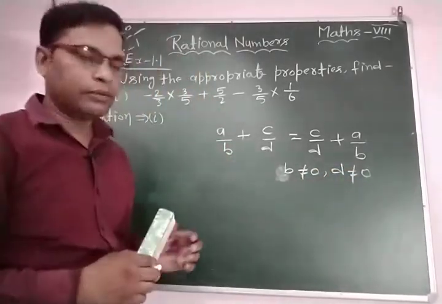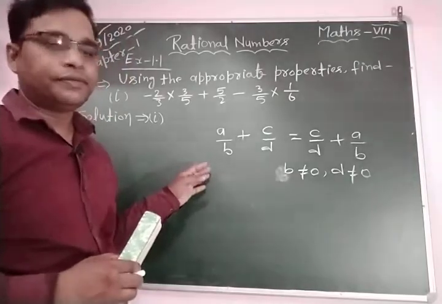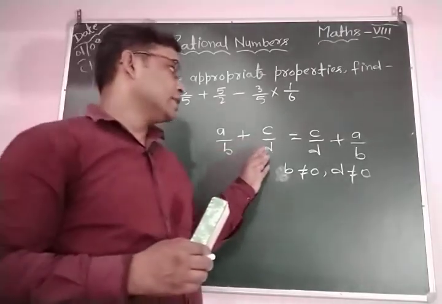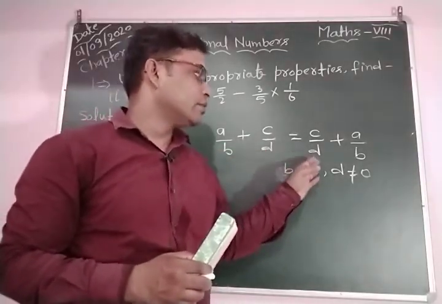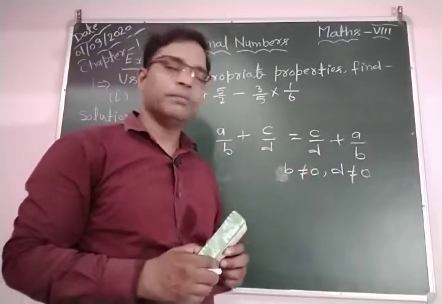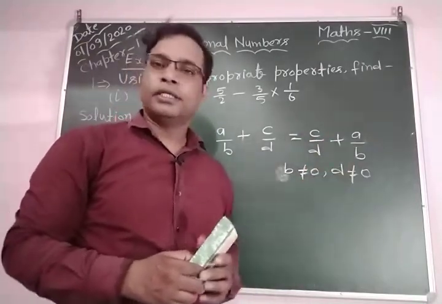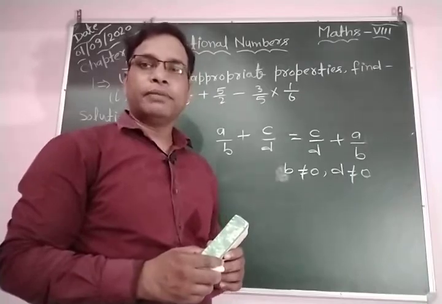Then they are rational numbers, and a by b plus c by d is equal to c by d plus a by b. This is called the commutative property of rational numbers.